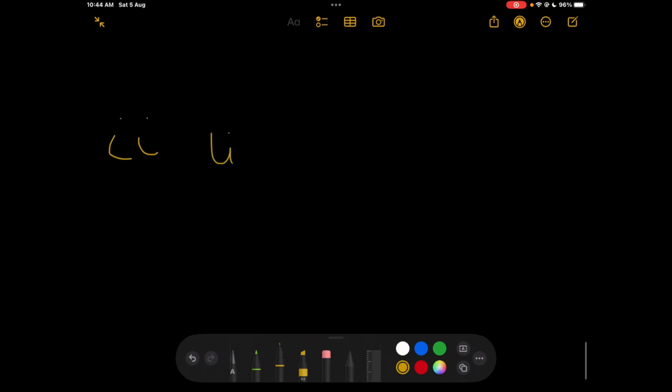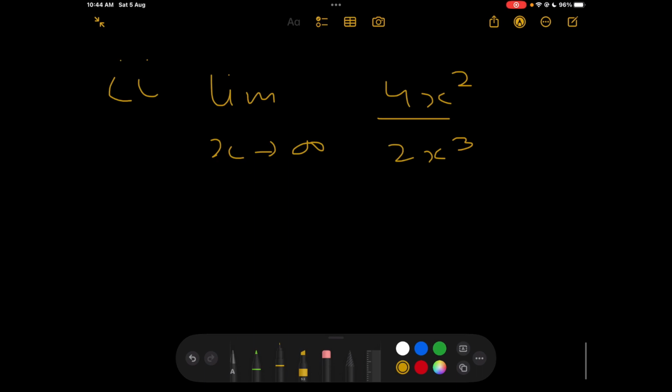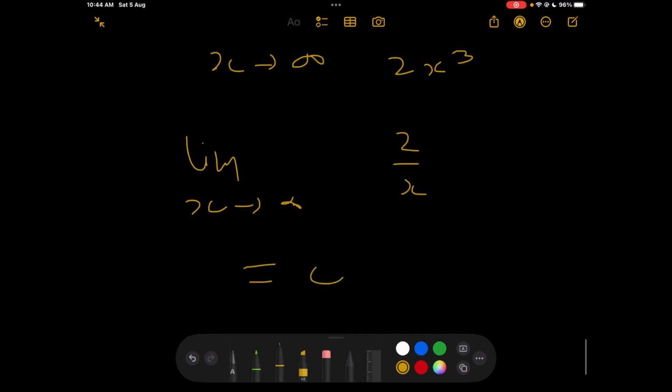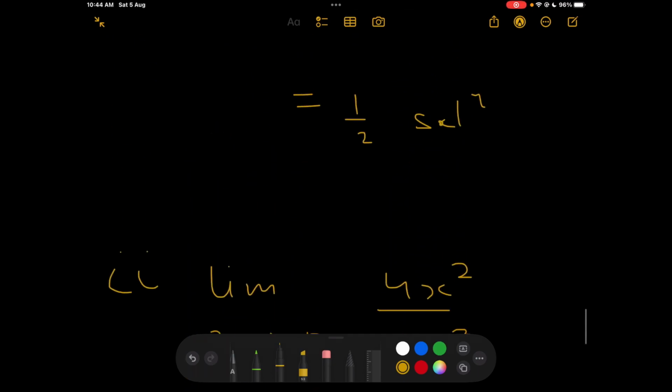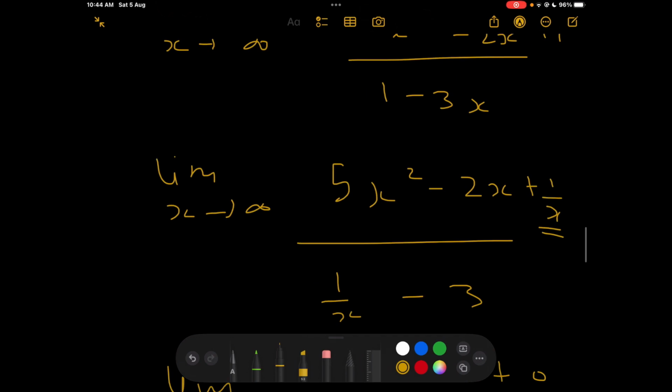So we can say limit x tends to infinity 4x square upon 2x cube. Fine. So it will become limit x tends to infinity 2 by x, which is equal to 0.